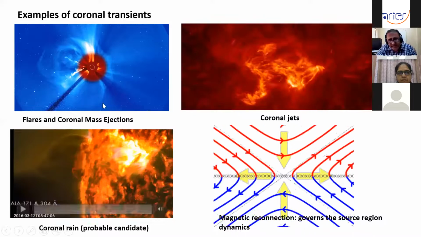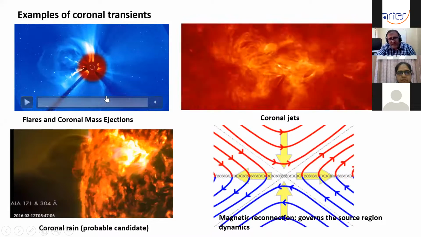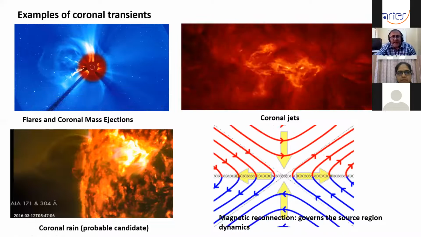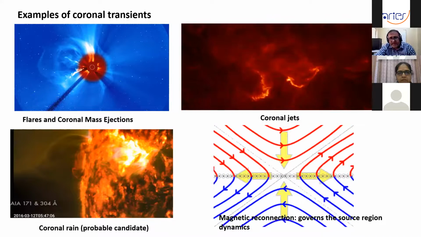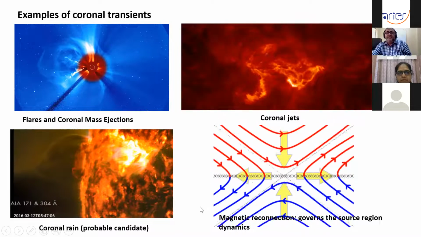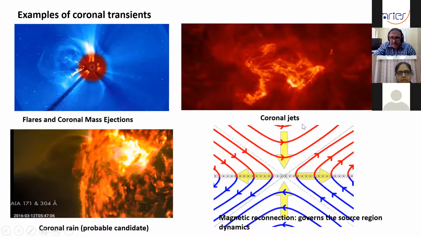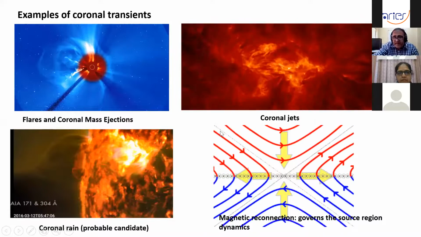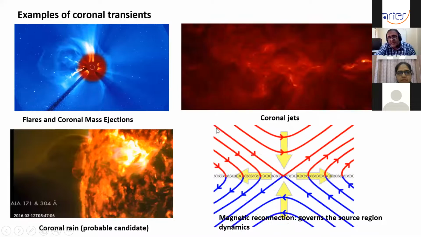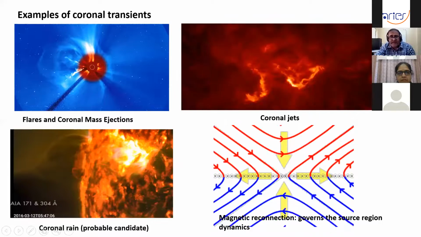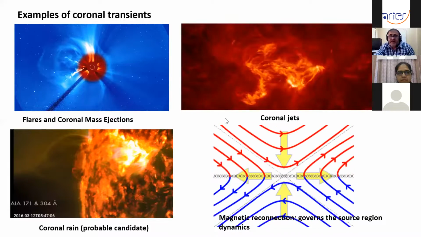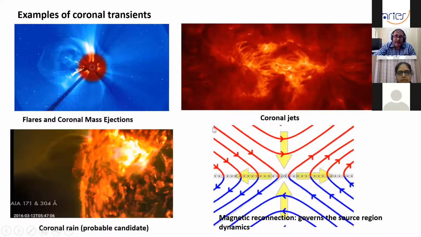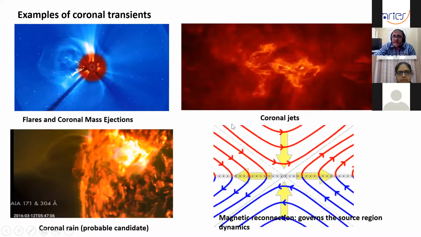But as I said, for all these transients there's almost a general agreement that they are due to magnetic reconnection. And this is a nice cartoon from Wikipedia actually. The most general definition of magnetic reconnection is a phenomenon in which the magnetic field lines change their connectivity.